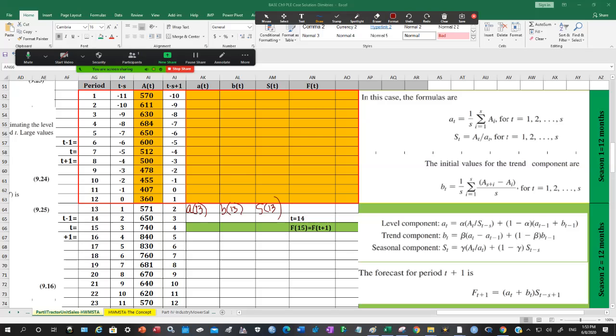What remains to be found is f of 13, which is f of 12 plus 1. We're using f of t plus 1, and here's the formula.